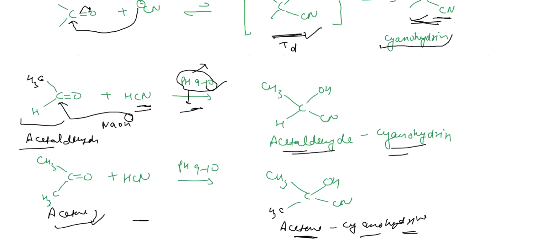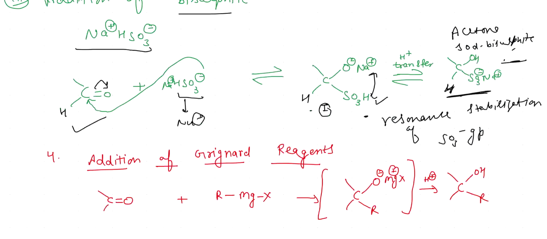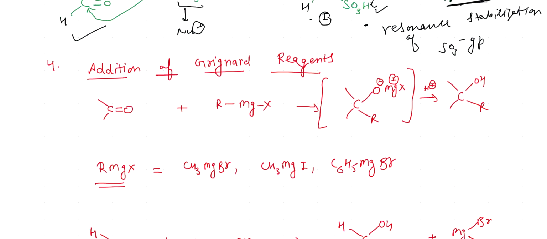Now, the next and most important reagent is Grignard reagent. What is Grignard reagent? Grignard reagent is a reagent in which magnesium is present as metal, and it is linked to a halide group as well as an alkyl group. So in short, we call it RMgX, where X is any halide.